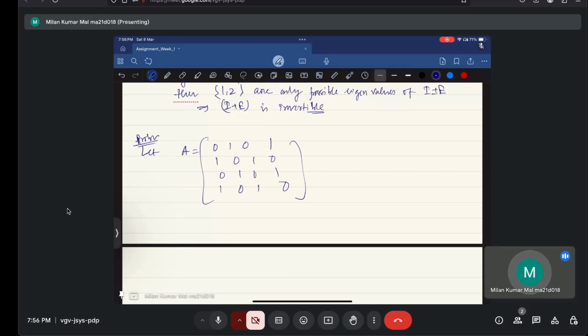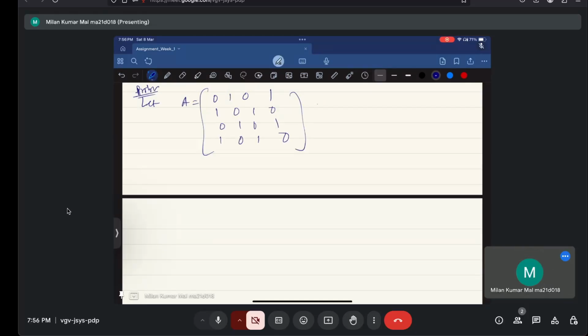Then what is the characteristic polynomial of this matrix? And what is the minimal polynomial of this matrix?